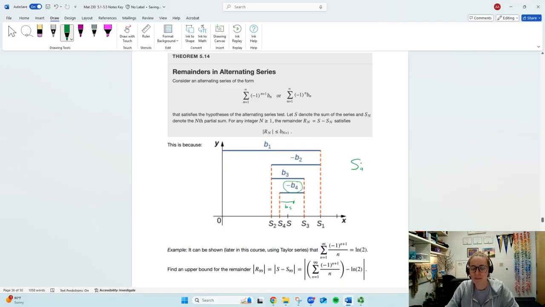So my remainder for my first 4 terms is going to be smaller than just my next term in the sequence, smaller than my b sub 5 term, because b sub 5 is going to contain all of my additions and subtractions from there on out.